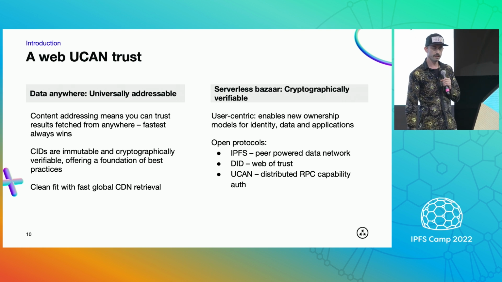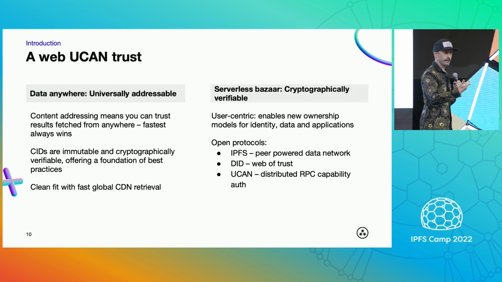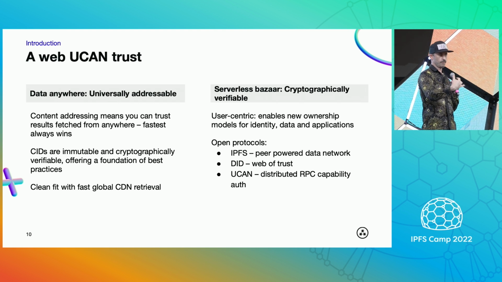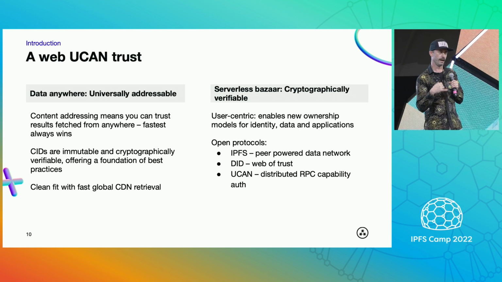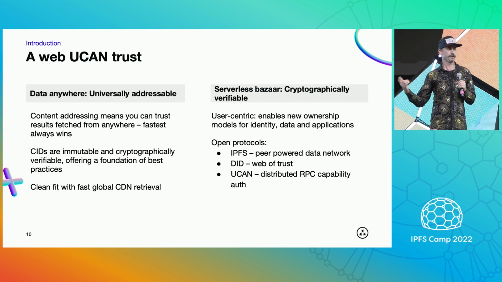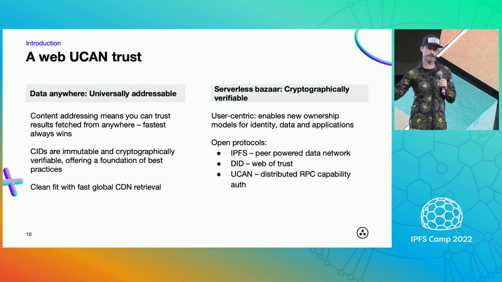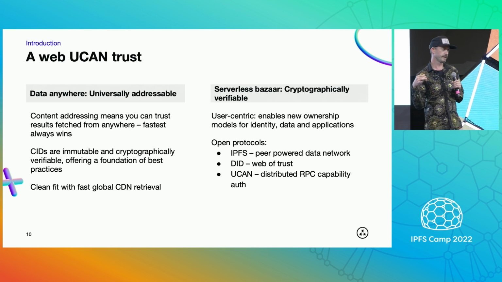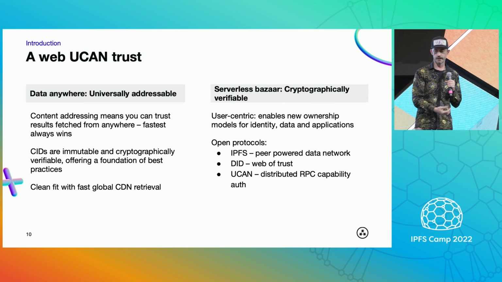Beyond just data, when we start talking about those UCAN invocations, and because of the way that they provide a framework for authorization around the invocation, it makes it super easy for other third parties to stand up services that talk UCAN. And some of those services can be generic function runners.